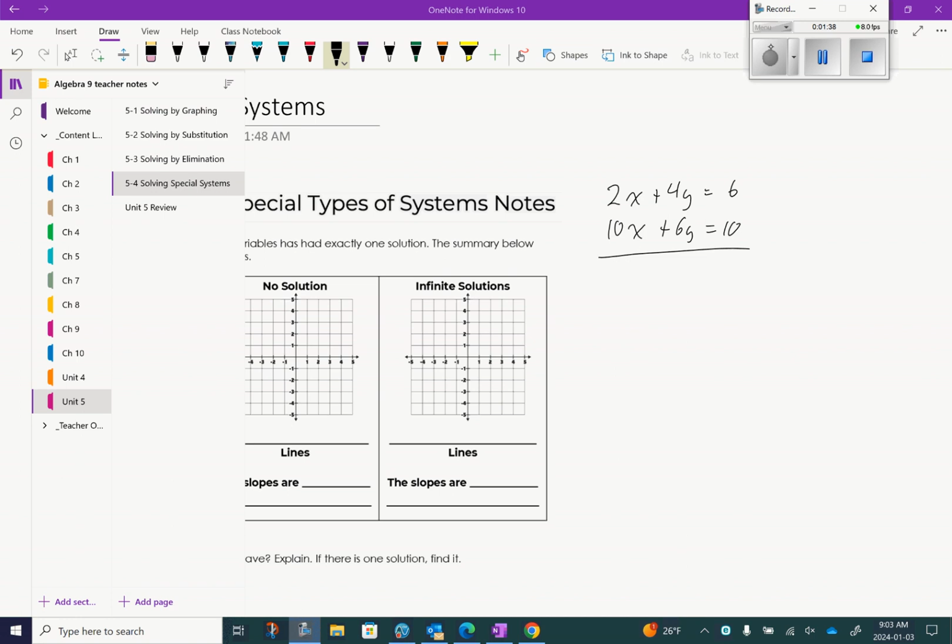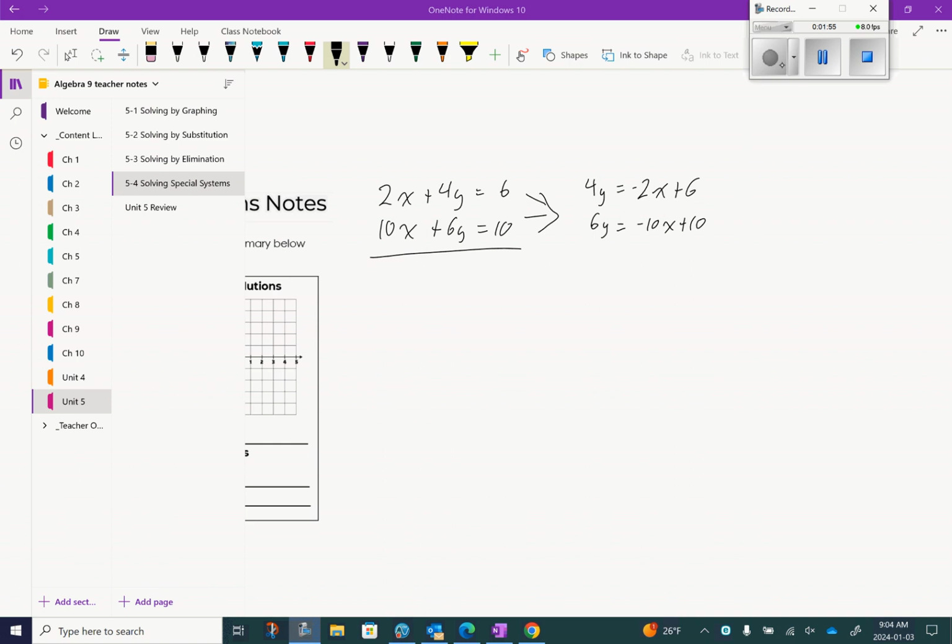So just pulling some of the numbers that were generated there at random, I'll get an equation 2x plus 4y equals 6, and then a second equation 10x plus 6y equals 10. If I put them into slope-intercept form by subtracting the x term from both sides first, I'll get y equals negative 1/2 x, again reducing things, plus 3/2 for the first equation, and y is equal to negative 5/3 x plus 5/3 for the second equation.